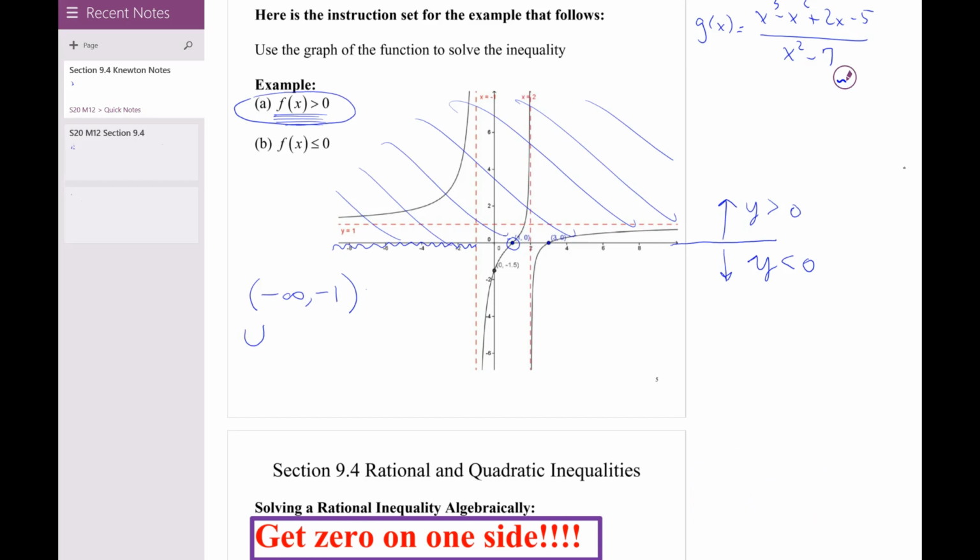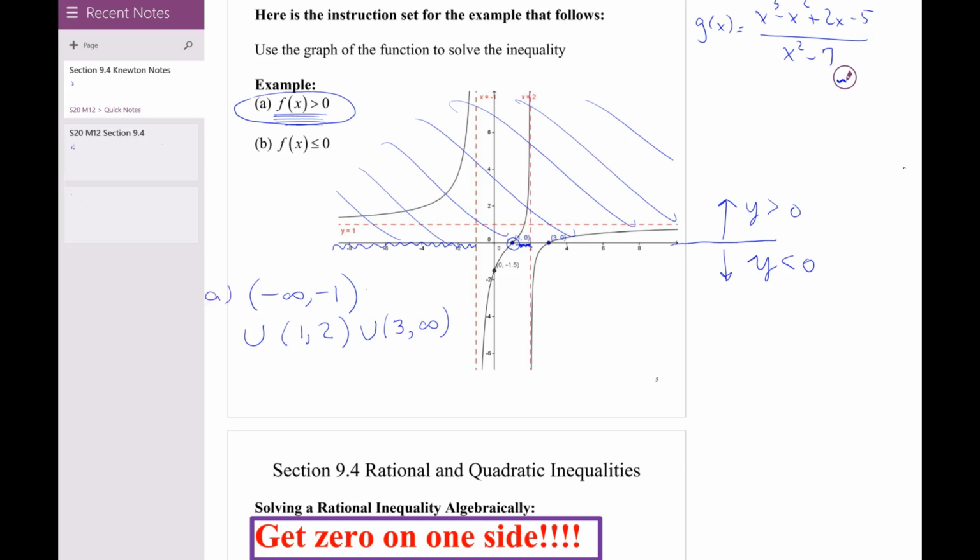Union with from 1 to 2, but then I have a vertical asymptote, so that x value can't be included, but I do want this piece from 1 to 2, and then union from 3 to infinity, because from 2 to 3 the graph is below the axis.